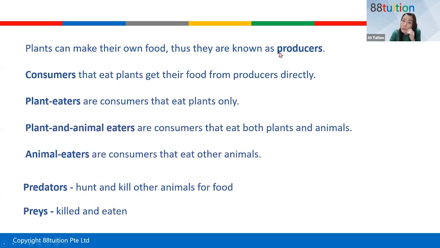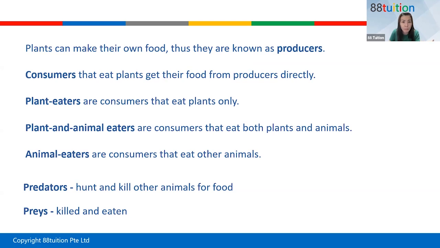Then we need to go into the food chain and food web, because for this chapter in your worksheet, you're dealing a lot with the food chain and the food web. Plants make their own food. That's why we call them the producer. How do they make their own food? They need something very important, which is the source of energy.